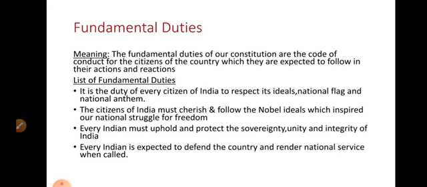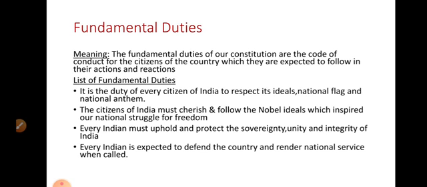Those rights can be enjoyed, but no citizen of India can cross the limits given under the section of these fundamental rights. There must be some duties provided towards the nation. So those are called the duties of an individual citizen of India.